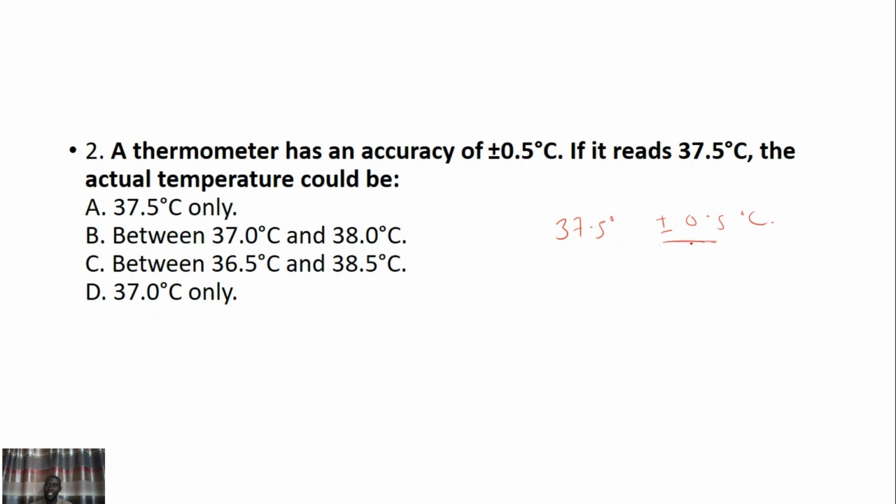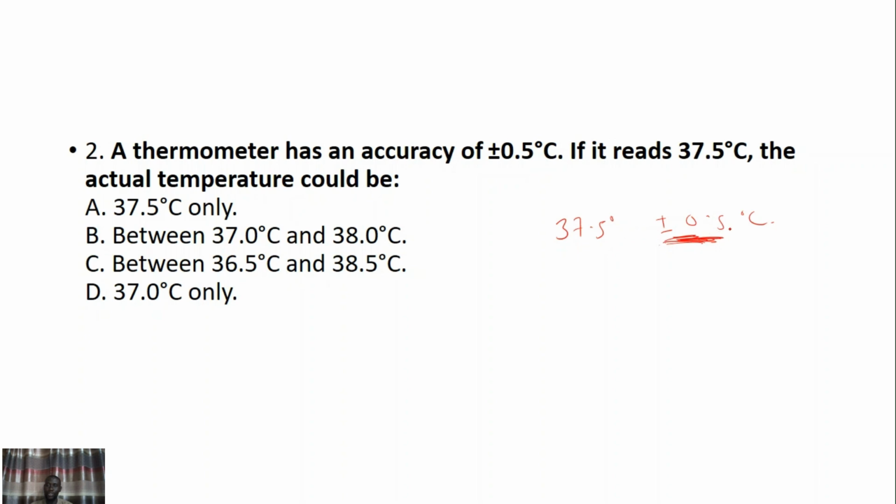This is the accuracy, and it gives us the range the value could be, because no instrument is perfect. No measurement is perfect. But the accuracy will tell us the range in which the true value falls.